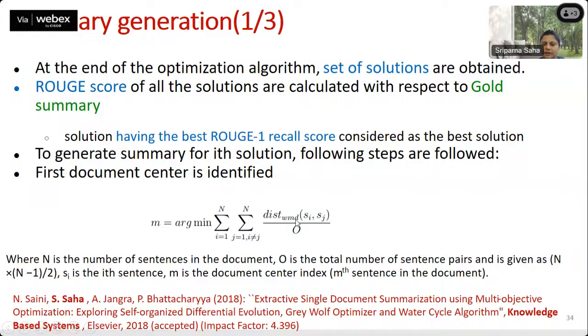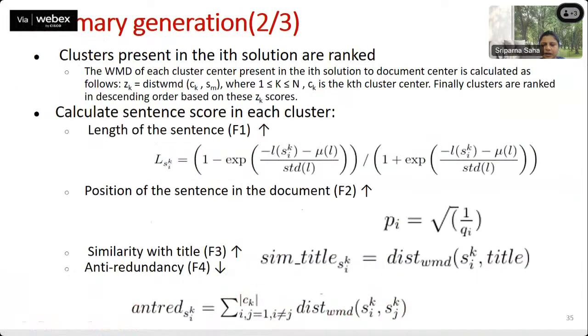We are computing the word mover distance, because the distance is calculated in the semantic space. So the sentence whose average distance with respect to all the other sentences is the minimum is selected as the document center. And now we are calculating the distance from the document center to all the cluster centers. So zk is kind of a ranking, and based on zk we are sorting the clusters.